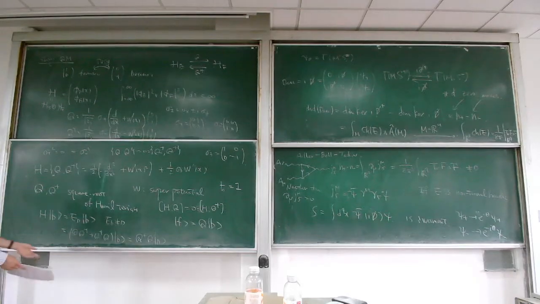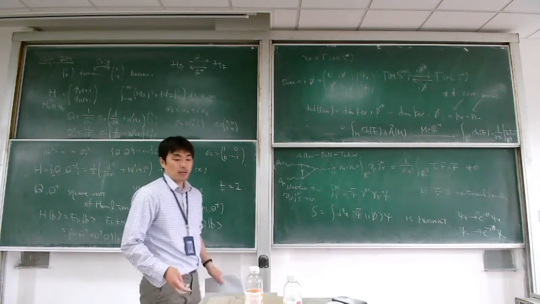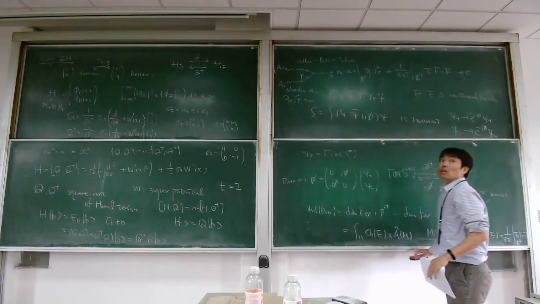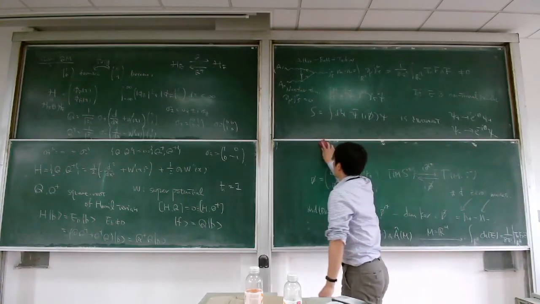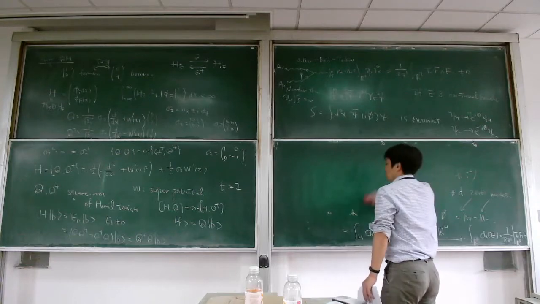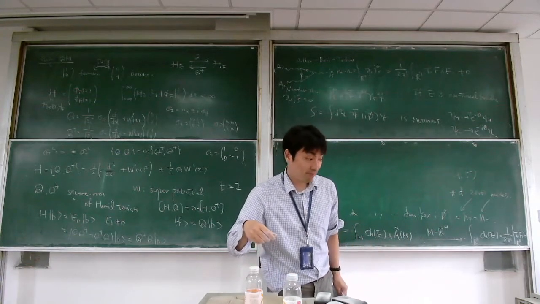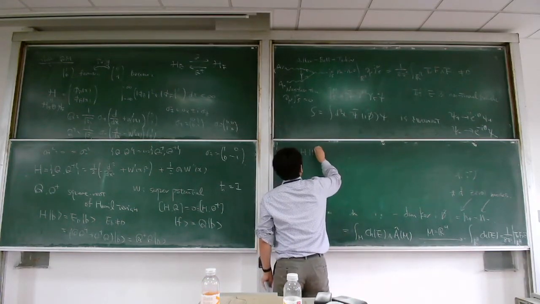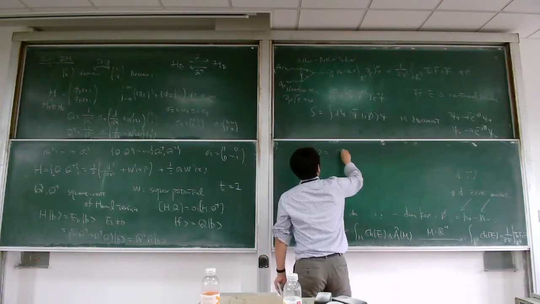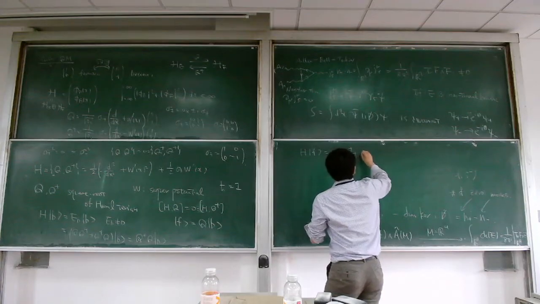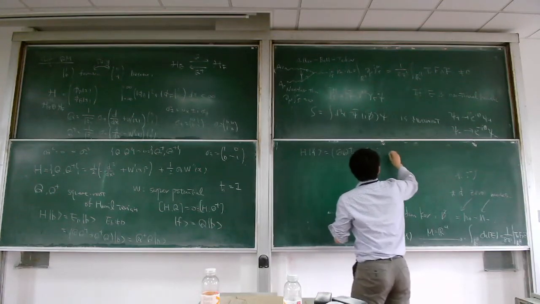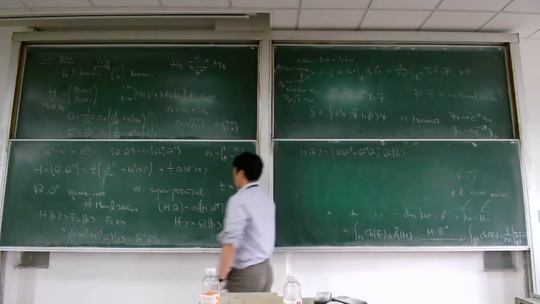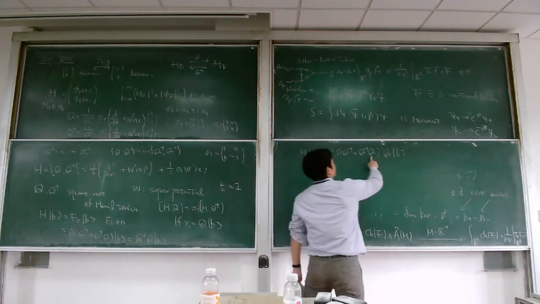Okay, then let's compute the eigenvalue of this Hamiltonian. Unfortunately, I'm running out of time. Let's compute the eigenvalue and finish. So the Hamiltonian acts on the fermionic state, which is Q dagger Q plus Q Q dagger acting on Q and the boson, right? By definition. And Q squared is equal to 0.